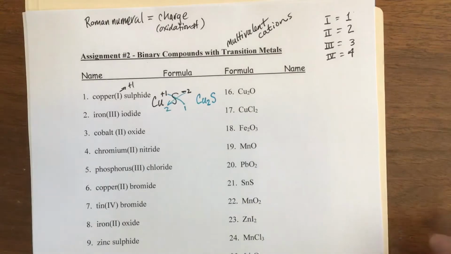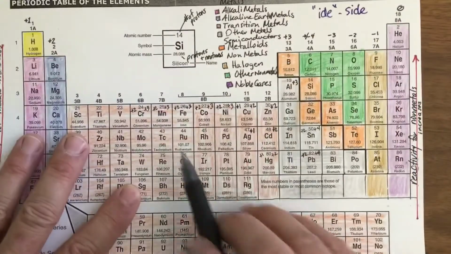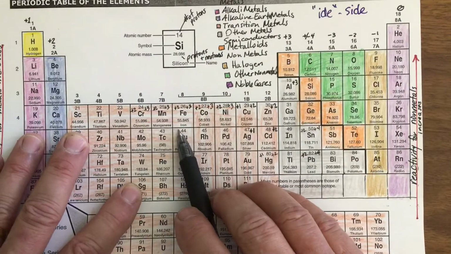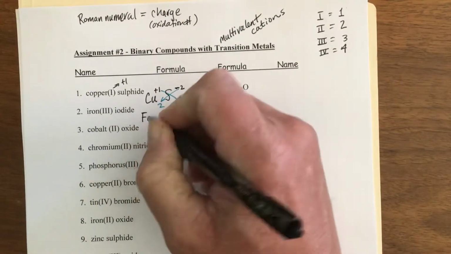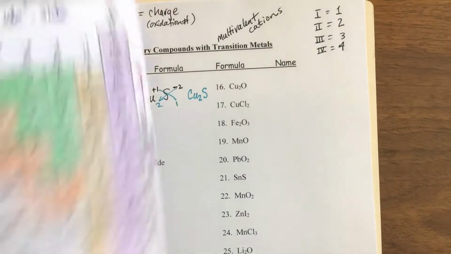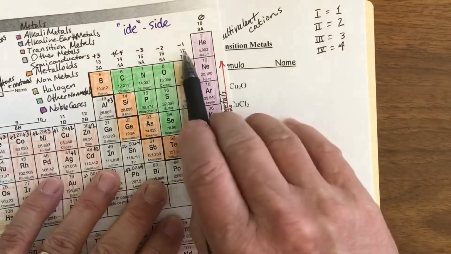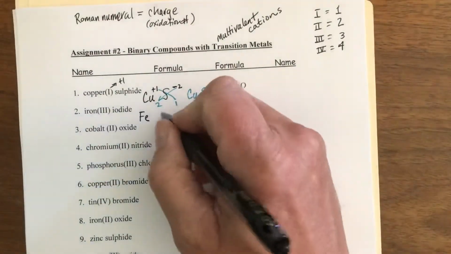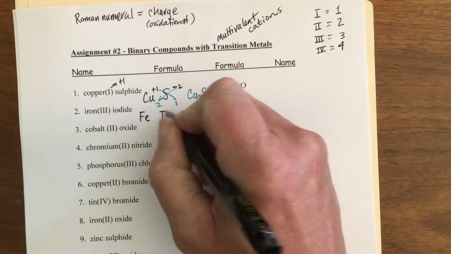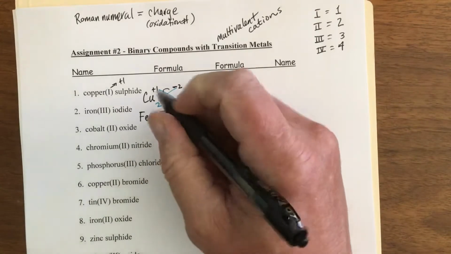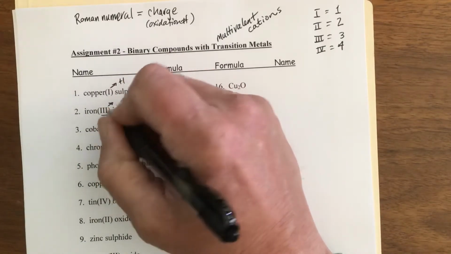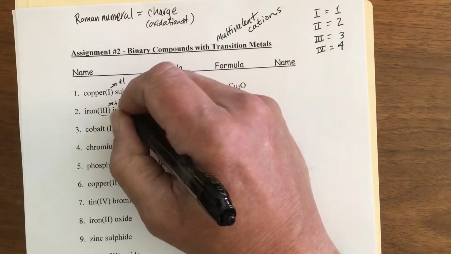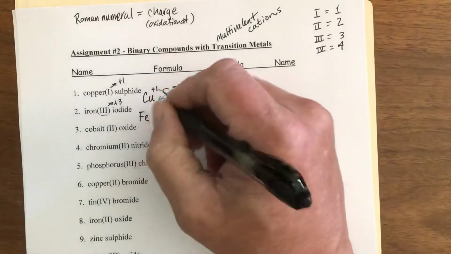All right, let's do the next one. Iron 3 iodide. Okay, and we look, and there's the symbol for iron. Iron is Fe. Iodide means iodine, which is a halogen and a -1. The Roman numeral 3 tells us iron has a +3 charge.